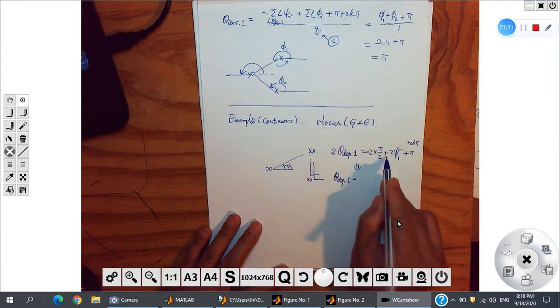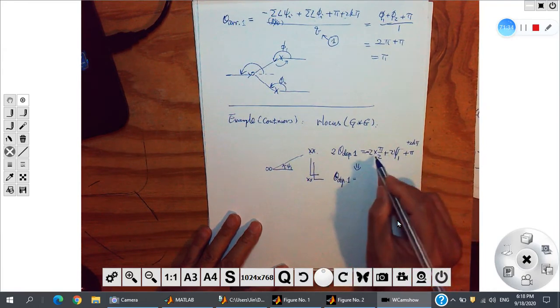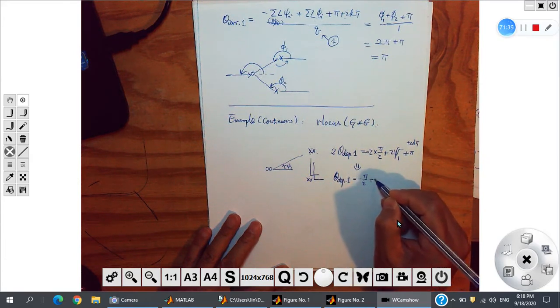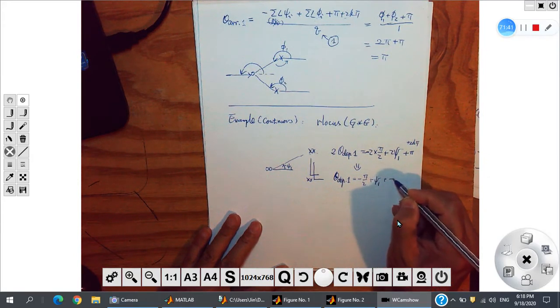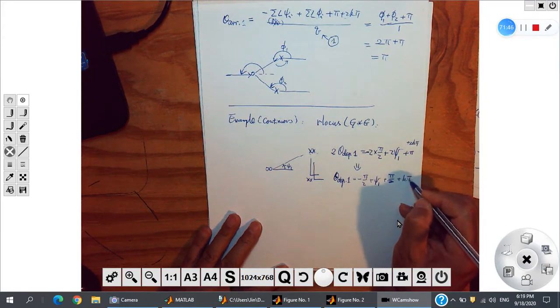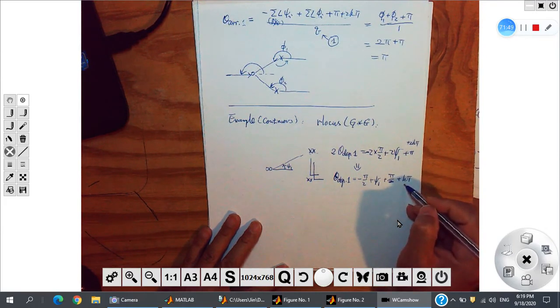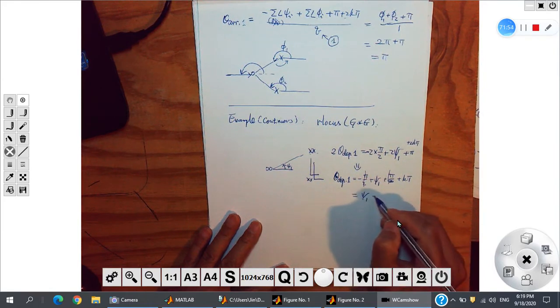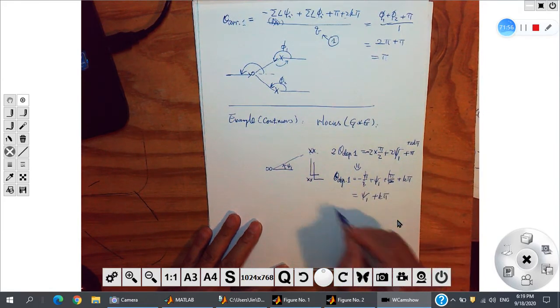So this one is negative pi over 2 plus varphi 1 plus pi over 2, and plus k pi, right? Okay, these two cancel, so it is just varphi 1 plus k pi, right? Varphi 1 in this direction, so it is this direction, and plus k pi, plus pi, another pi, right? So basically two directions.